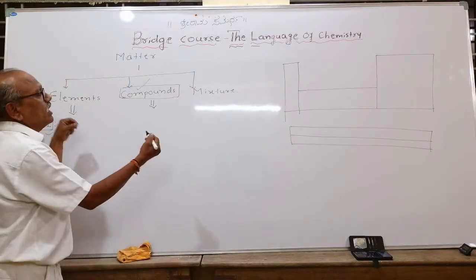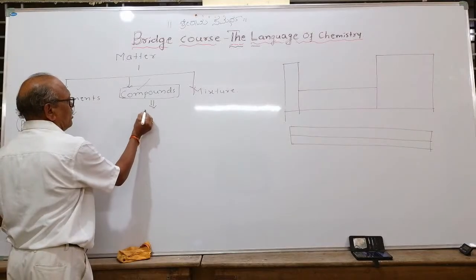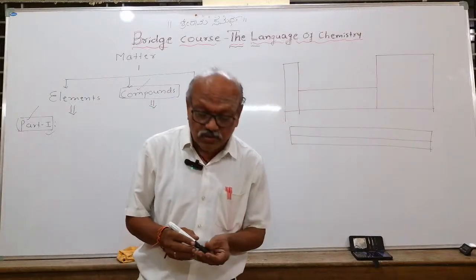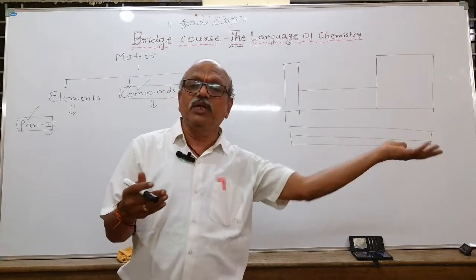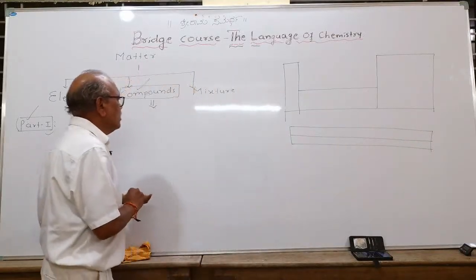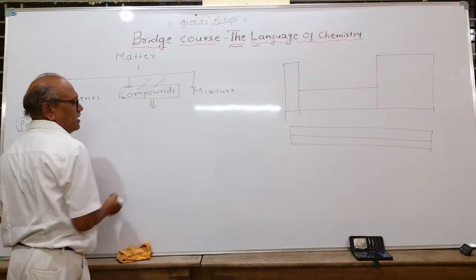These elements will combine, this particular combination is called chemical combination or chemical reaction. In the last class we studied what is chemical reaction. Two or more elements or compounds will combine to form a new substance. That new substance is called a product. The substances that participate are called reactants.